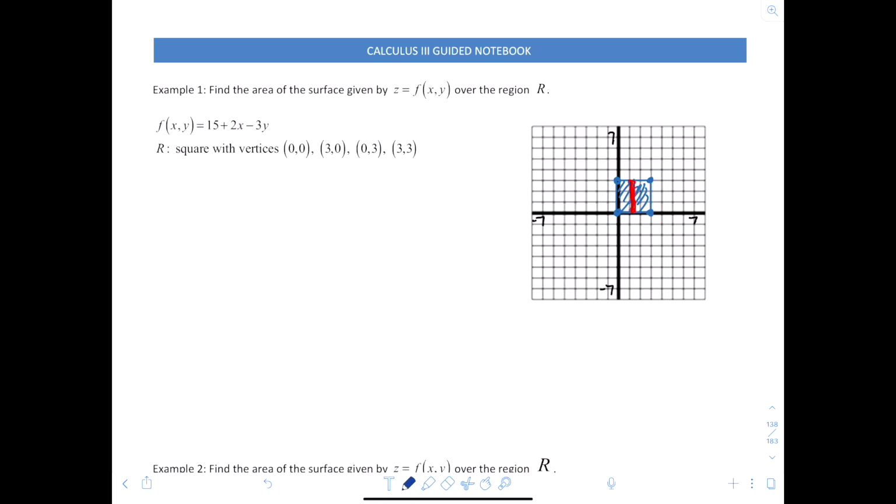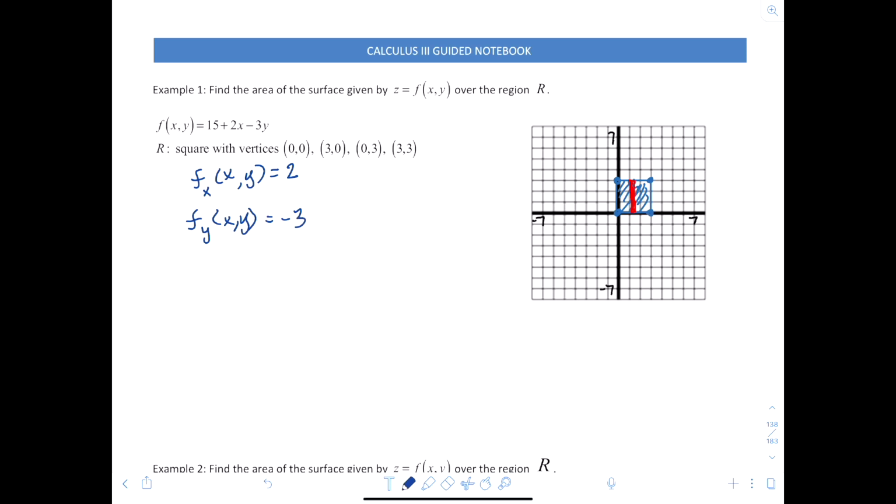Let's find our partials. So fx of x and y is equal to 2. Fy of x and y is equal to -3.